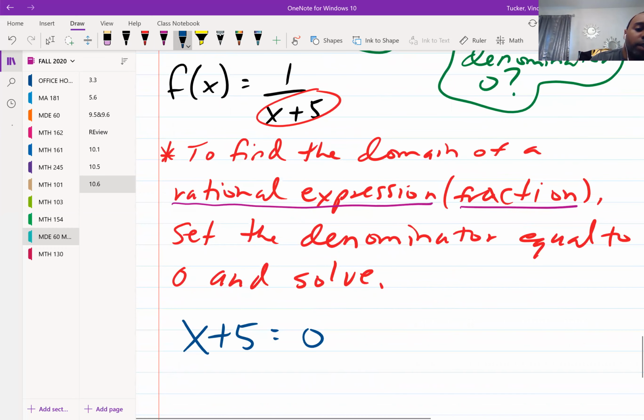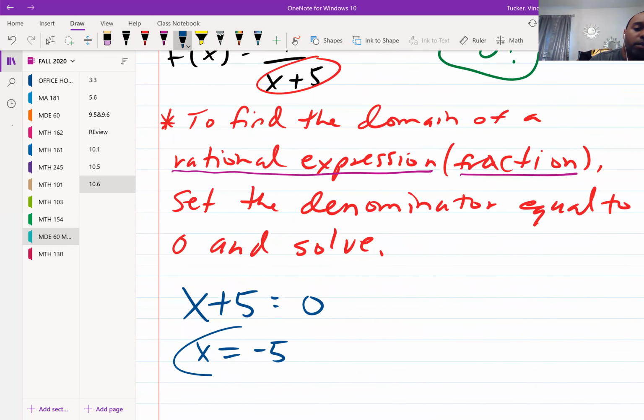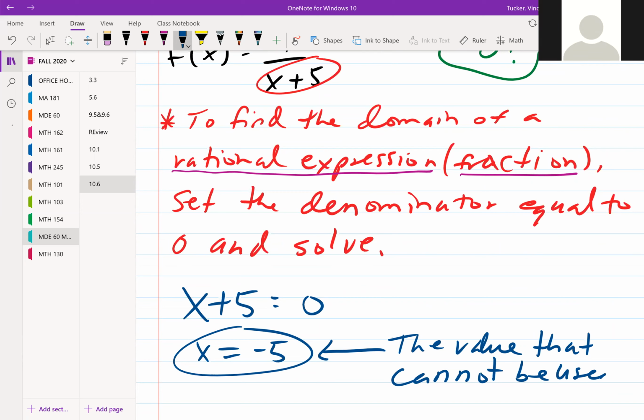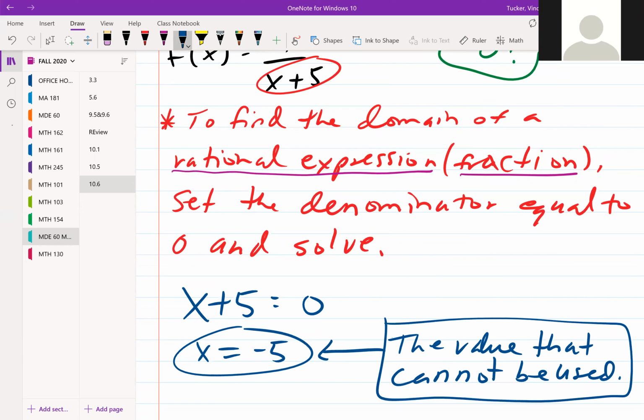Subtract 5 from both sides. x is equal to negative 5. So this is when your denominator is equal to 0, when x is equal to negative 5. That's the value that cannot be used, but I can use everything else.